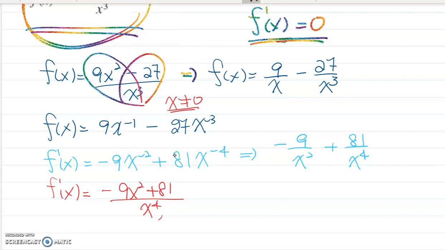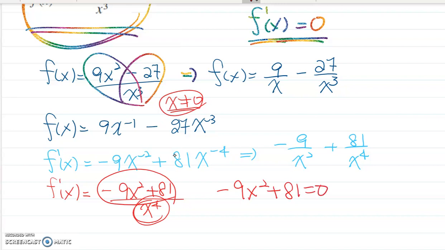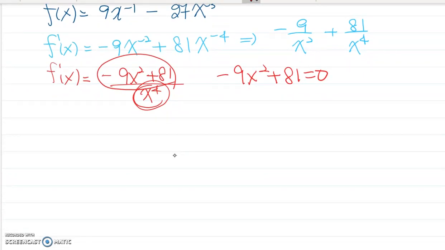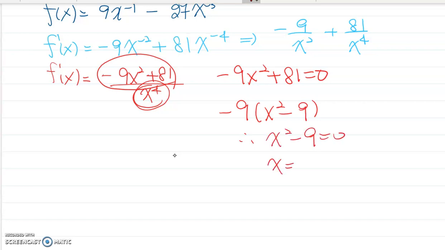In this case, that value will be dismissed because x cannot be 0, so I'm going to use only the numerator. So -9x squared plus 81 equals 0. Then factor out -9: x squared minus 9 equals 0, so x equals plus and minus 3 here.